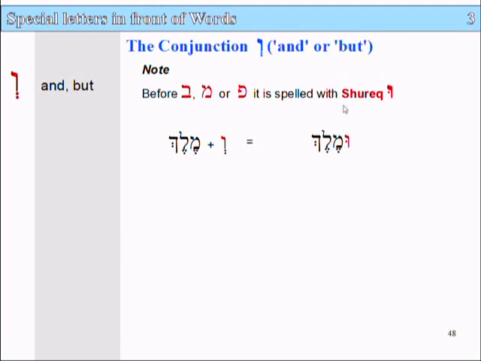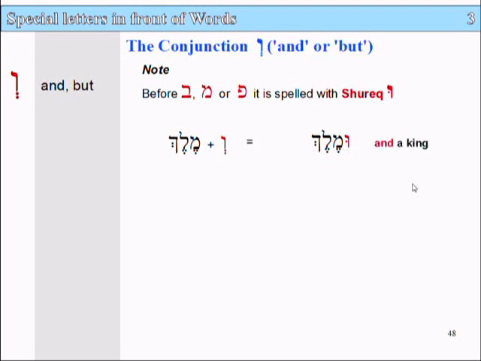It's a vowel. If you remember the vowels, that's one of them, shurek. But whether it's pronounced with a v or an u sound, it still means and when it's in front of the word. So Malik with a vav in front of it changes to u-Malik, simply because that's a mem, it's a u sound, not a v sound.